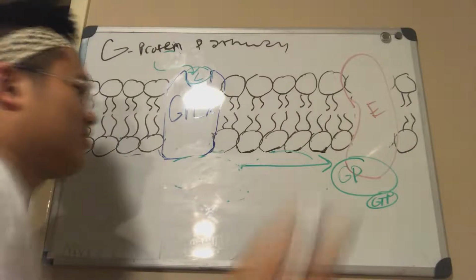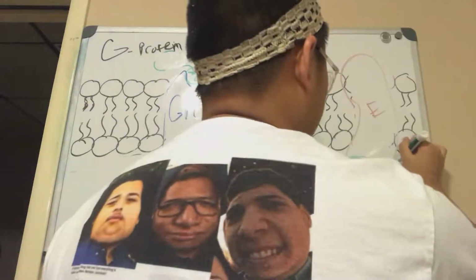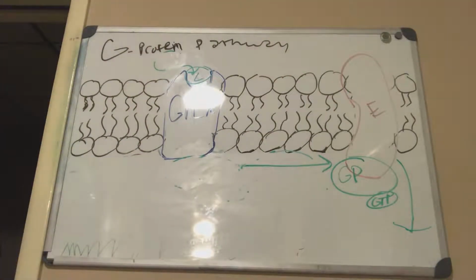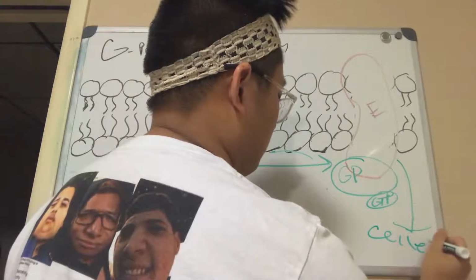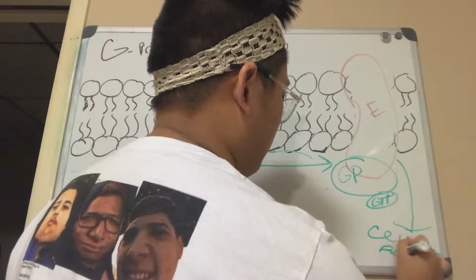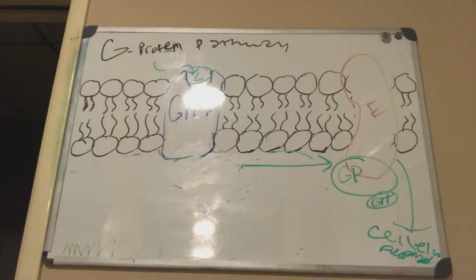Alrighty, so with that, the enzyme can carry on the rest of the processes of the G protein pathway, and it leads to the cellular responses we're ultimately looking for, and that is the G protein pathway.